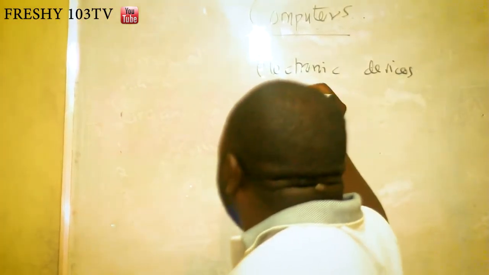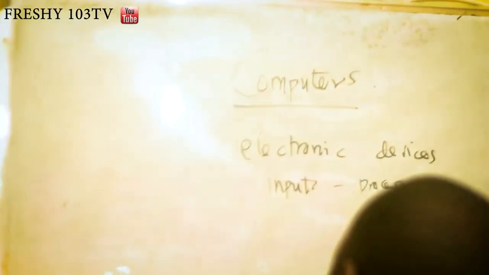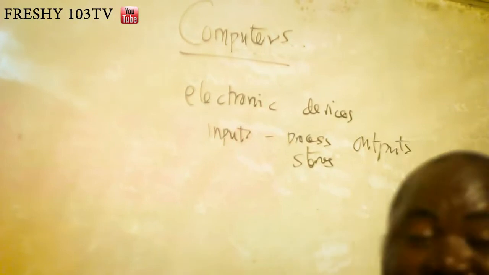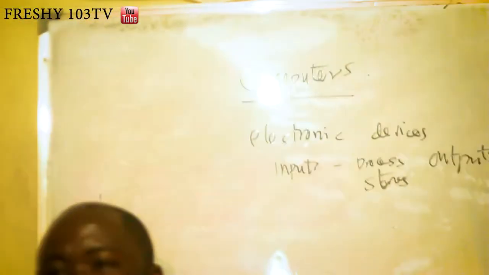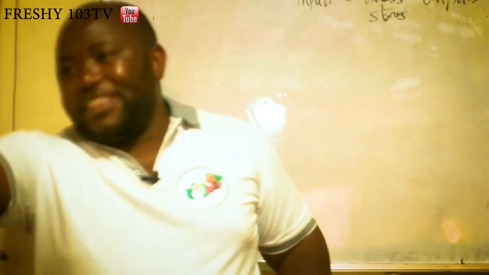It inputs, processes, stores, outputs data, okay? Now, we learned about all this stuff, but the summary where I'm coming here is computers in mathematics, where we are going to talk about the flowcharts, the pseudocodes, and the algorithms.